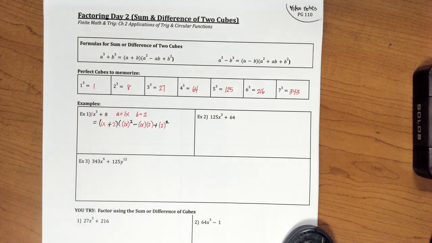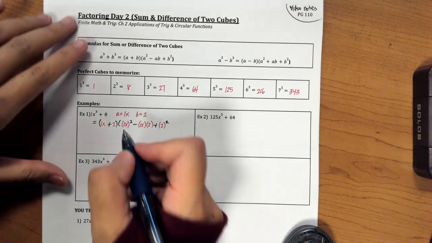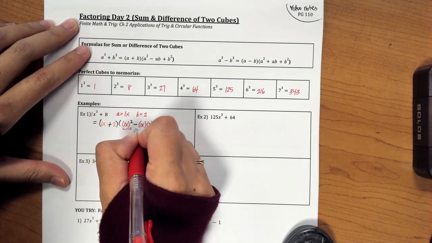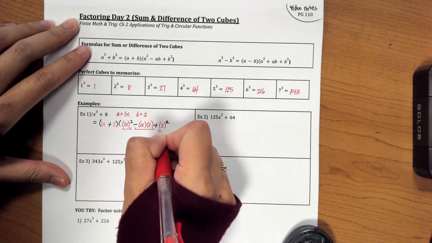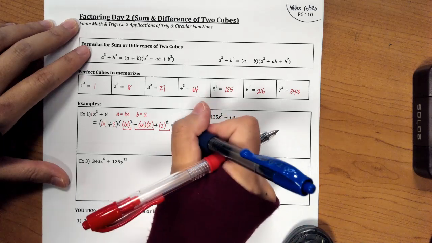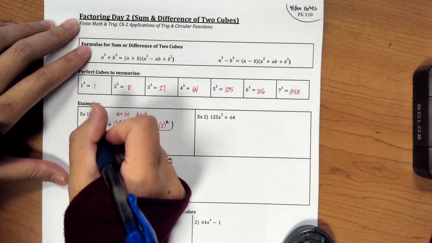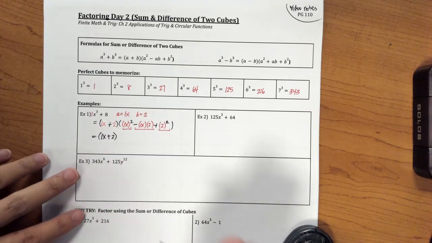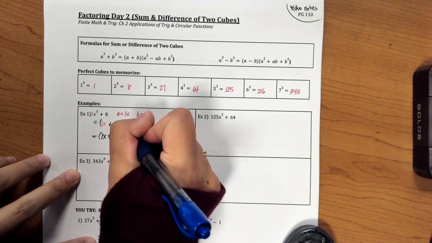Now we're going to simplify. 1x times 1x is 1x squared. And then this part, we're going to multiply. So we'll have 1x plus 2. That part never changes. 1 times 1 is 1.